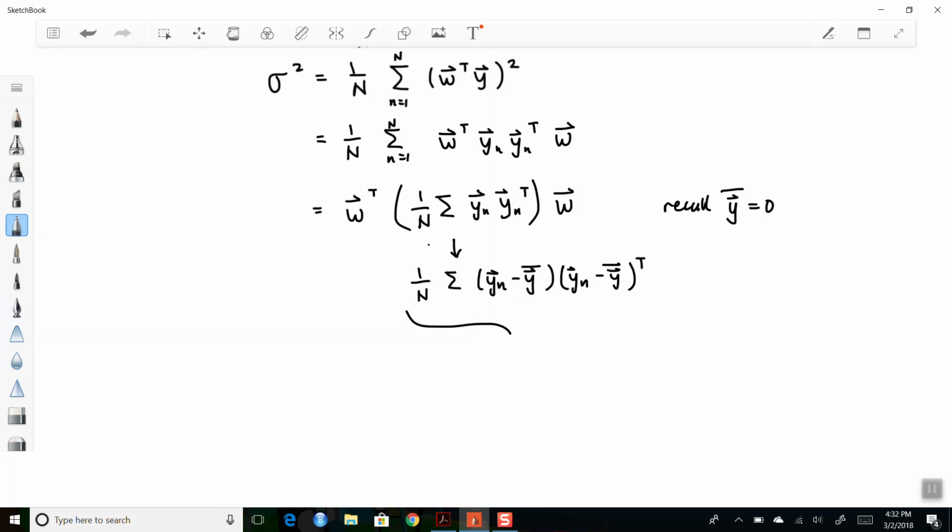And this is the covariance matrix, right? So we get W transpose times the covariance matrix times W.